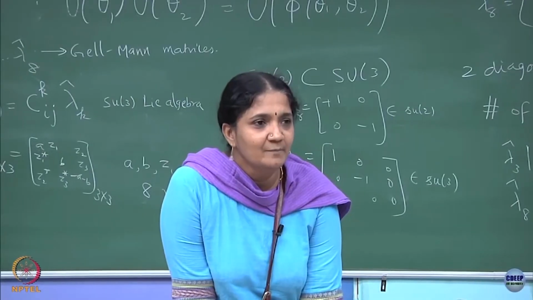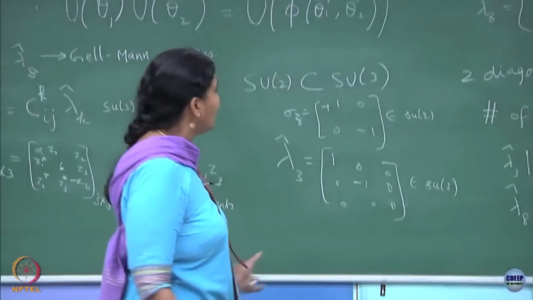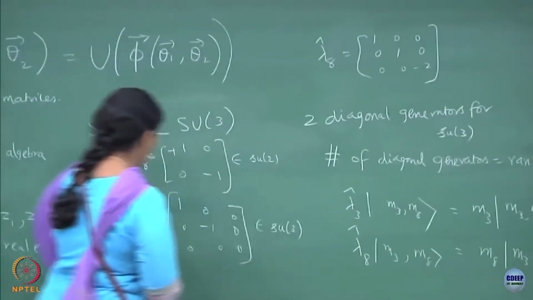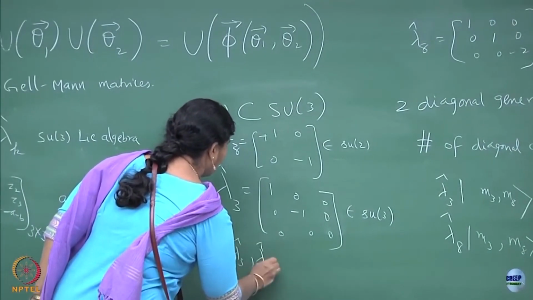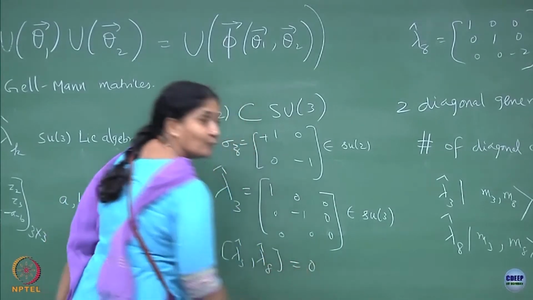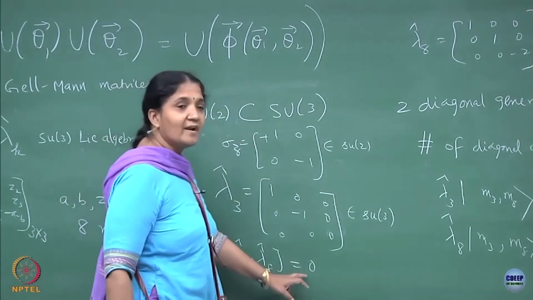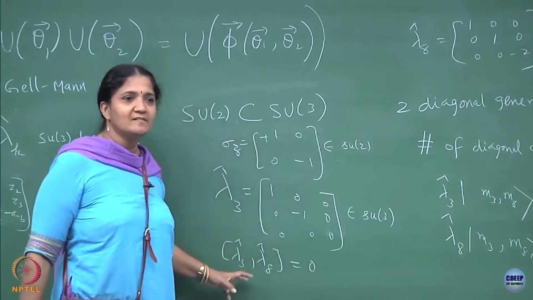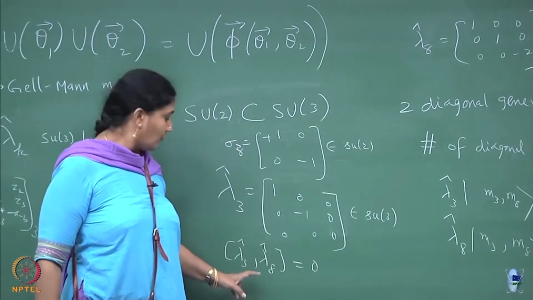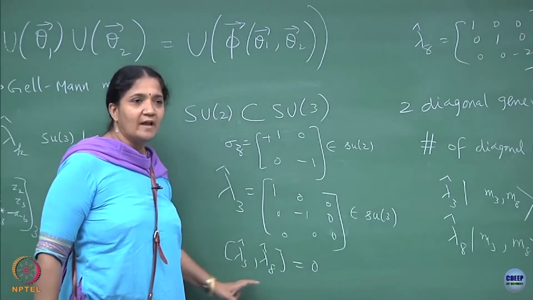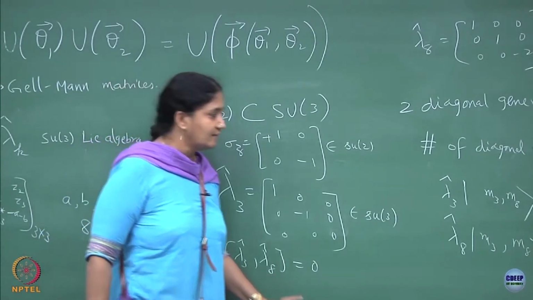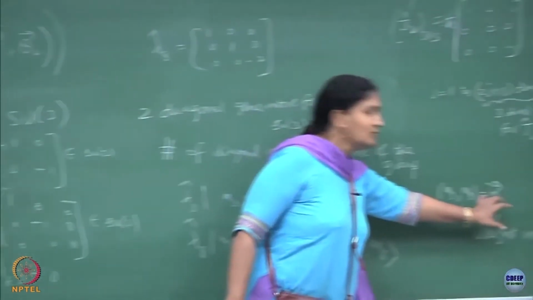Diagonal generator, because the diagonal generators' commutator bracket will be 0, right? Because they are diagonal, you can show that the commutator of lambda 3 and lambda 8 is 0. So which means you can write a state to be a simultaneous eigenstate of both lambda 3 and lambda 8, and I am compactly trying to write the lambda 3, lambda 8 eigenvalues as a two component vector.